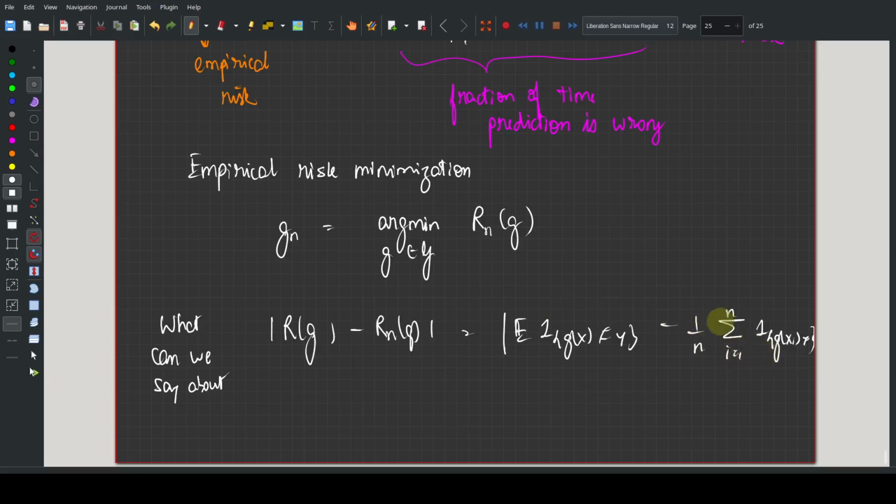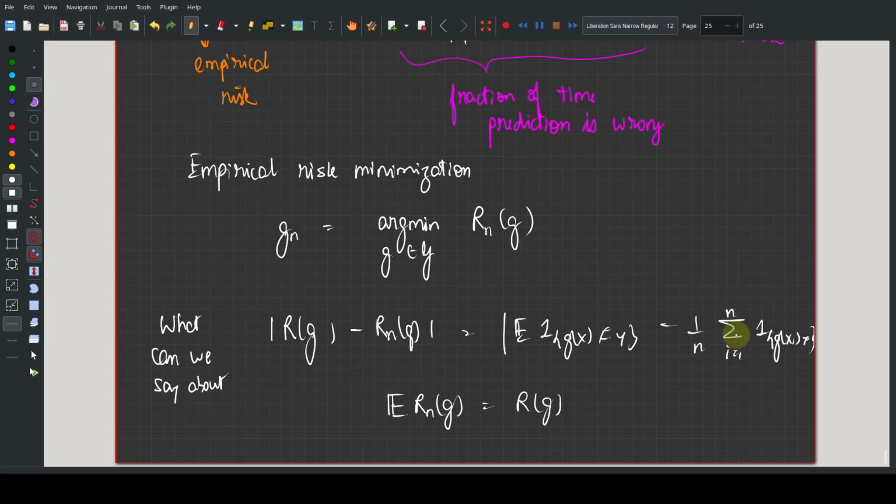What is the expected value of the empirical risk? Correct, right? So we know that the expected value of Rn of G equals R of G. Right? You all agree with this. So I can try to derive a tail bound on the probability that this deviates by an amount greater than delta. Right?